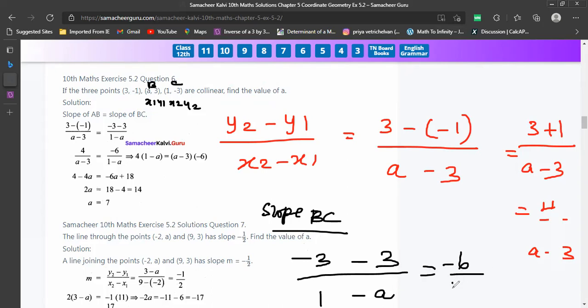So it's minus 6 upon 1 minus a for slope BC. They said they are collinear, which means you have to equate slope AB to slope BC. So it will be 4 upon a minus 3 equal to minus 6 upon 1 minus a.